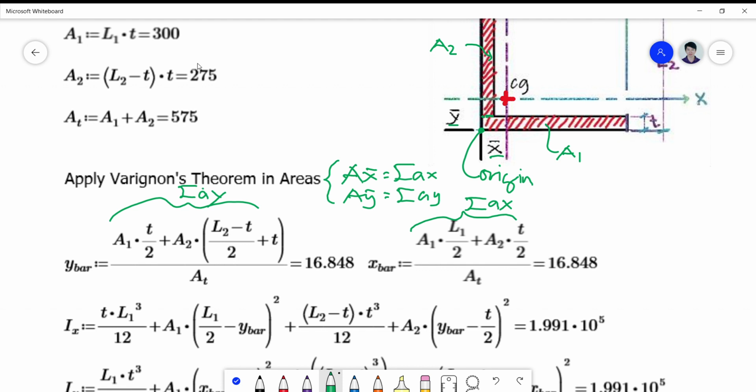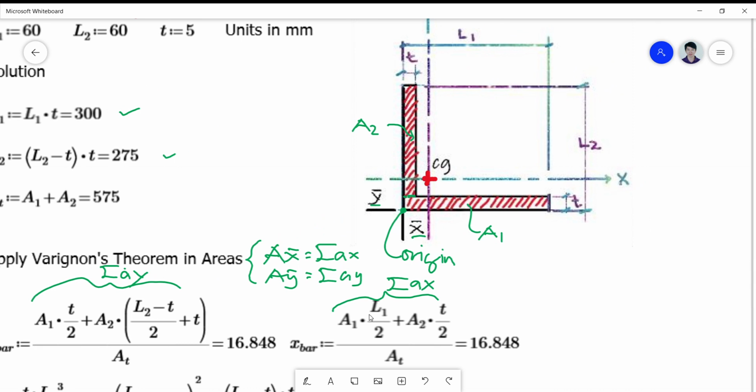The area of 1 is simply equal to the length multiplied by the thickness, 300, and the area of 2 is simply the length minus the thickness multiplied by the thickness, which is 275. So we can verify this on this figure: this part here is area 2, and this part here is area 1.